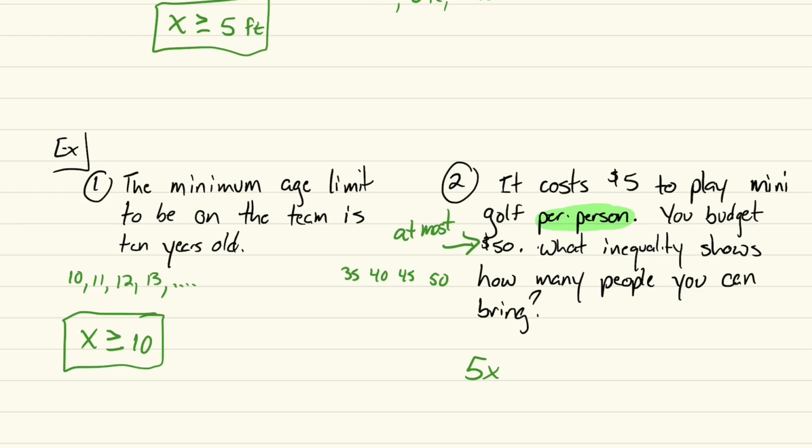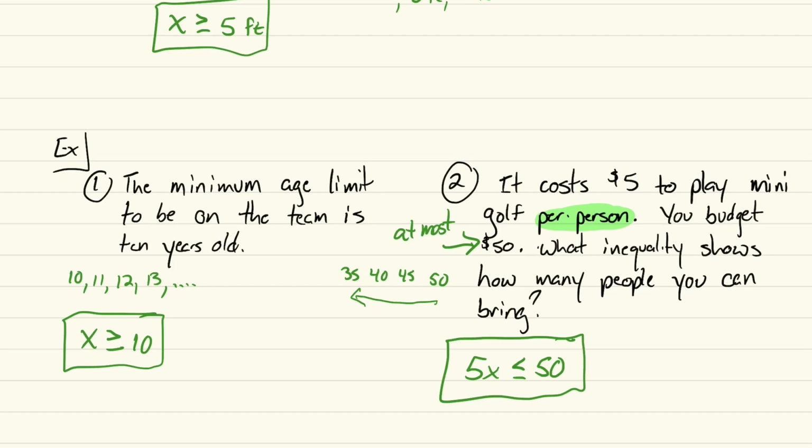So if we notice, my numbers are decreasing, so that means that 5x can be less than or equal to the total money that I have, which is 50. So again, when I think about what my answers are and what I could do, I can find which inequality to use. Is it going down? Is it decreasing like in number 2? Or are those numbers increasing like in number 1?